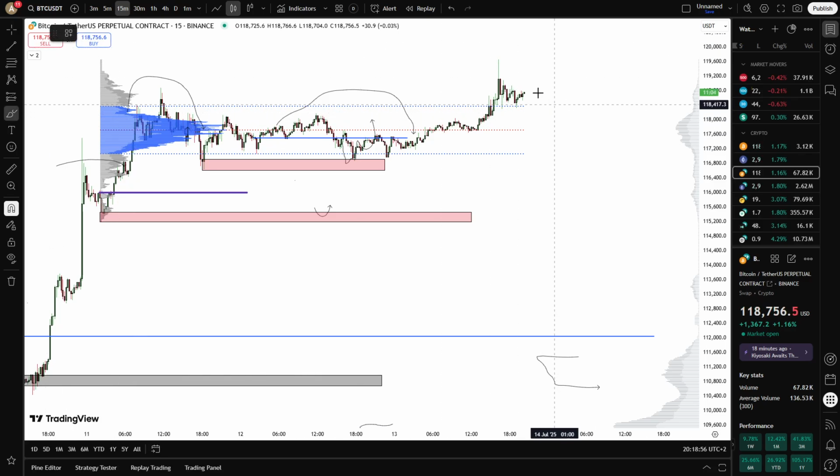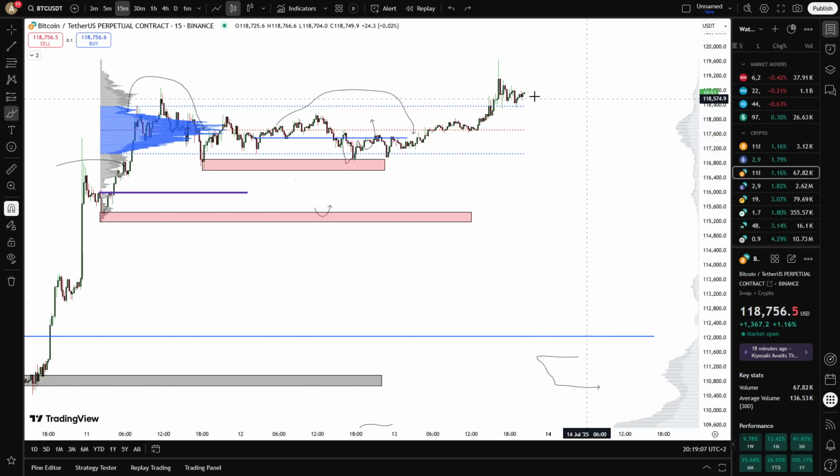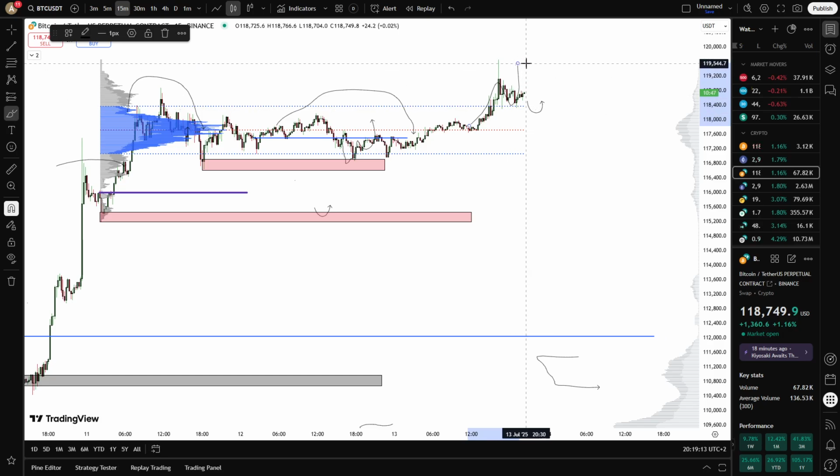But the logical levels to hold are these, right? This point, and then this point. So when we take that entire range, then we see that this is your value area high. So then this will be a range breakout with retest.